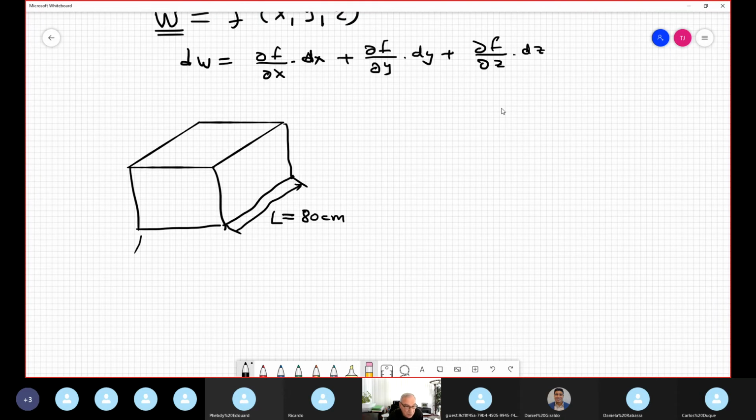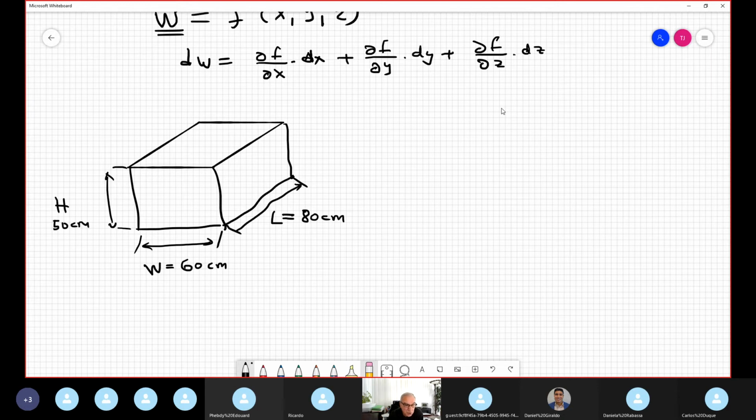We have W, the width, is 60 centimeters. And the height is 50 centimeters.